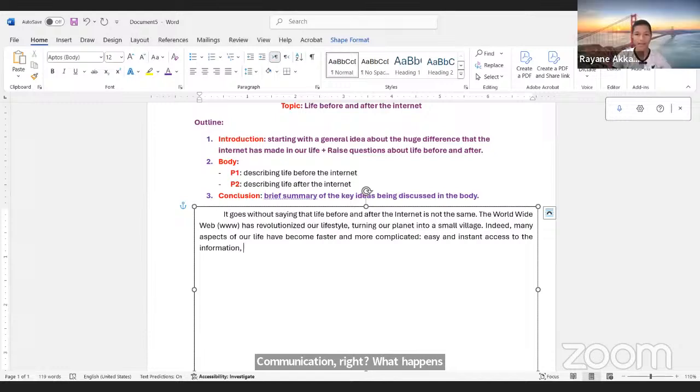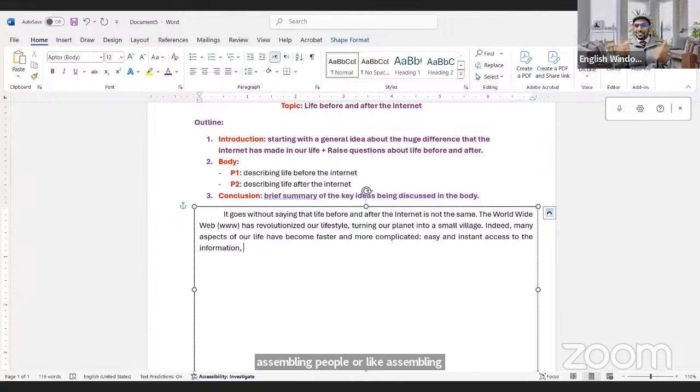Like assembling people, or connecting with people. Oh, that's a great idea. So we can talk about the revolution in communication, in the information and communication technologies and so on. Easy and instant access to the information.